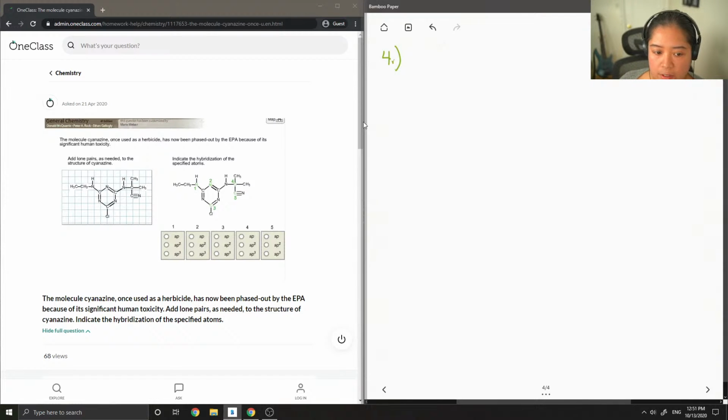So first I'm just going to write down the structure given for cyanazine. It's a very large structure, so bear with me.